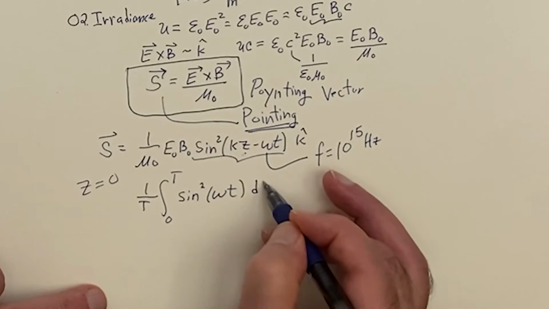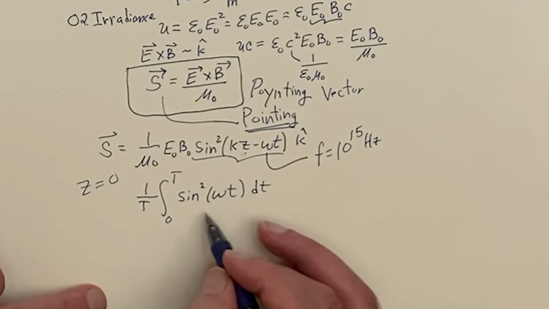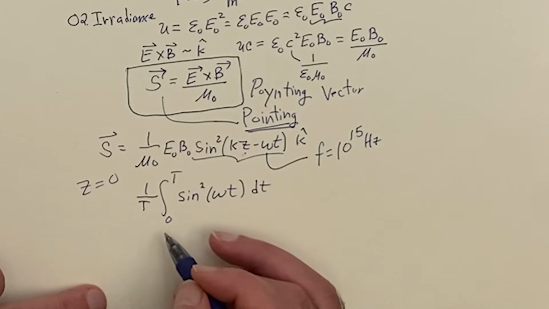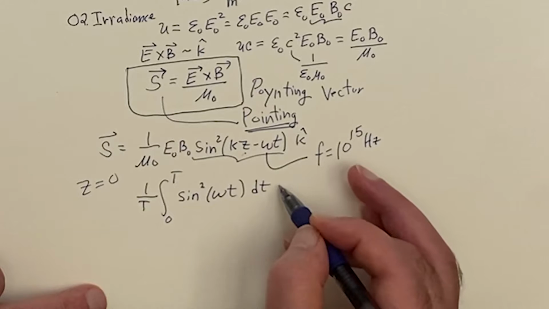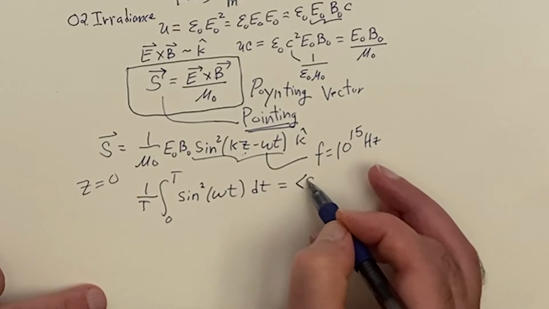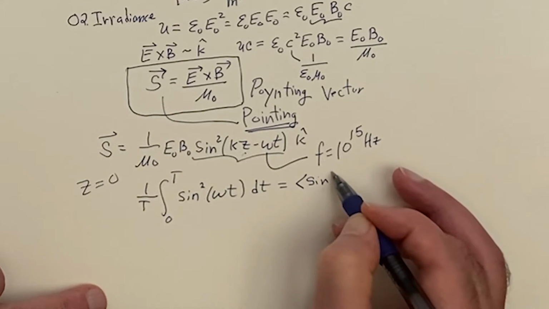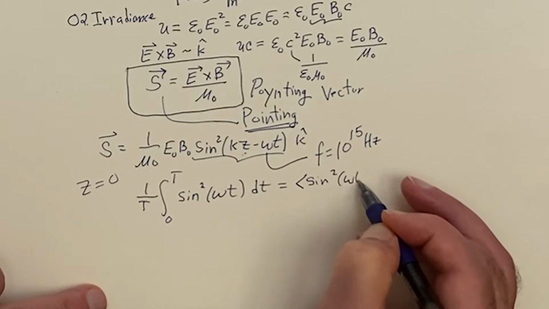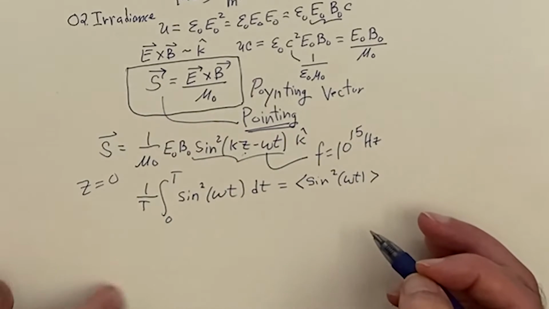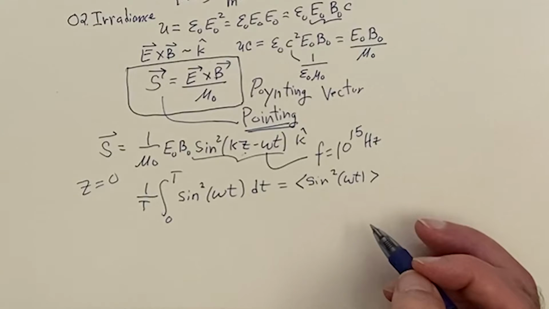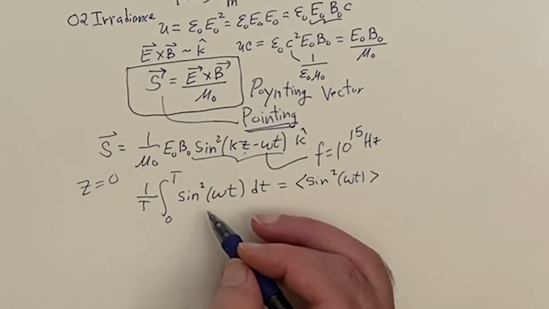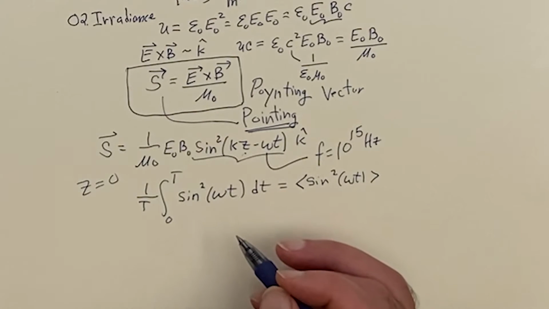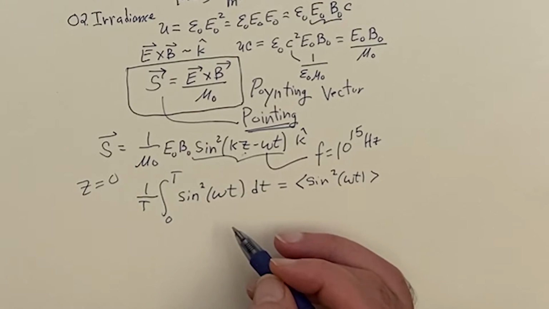And you want to integrate this over the one period, one cycle, and then divide by that time, and that gives you your average. And sometimes you'll see this written as a little bracket thing for average. Here, the average. Now, most books will pull out some half-angle formula to do this. Watch the trick that I'm going to show you.